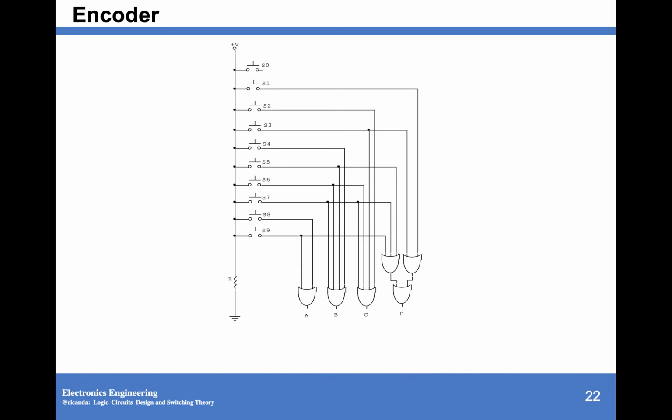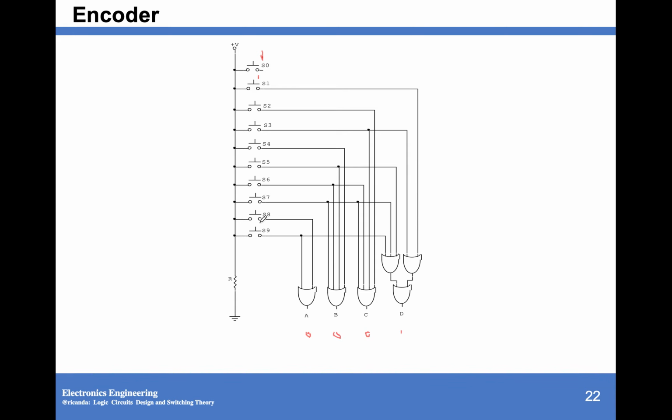If you have to press S0, so this one. If you press this, switch is on, they are not connected with your output, so they are all 0. If you press 1, then we have an output of 0, 0, 0, and 1.